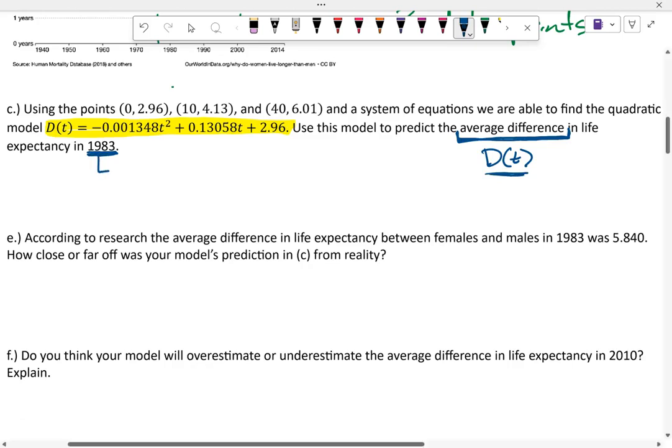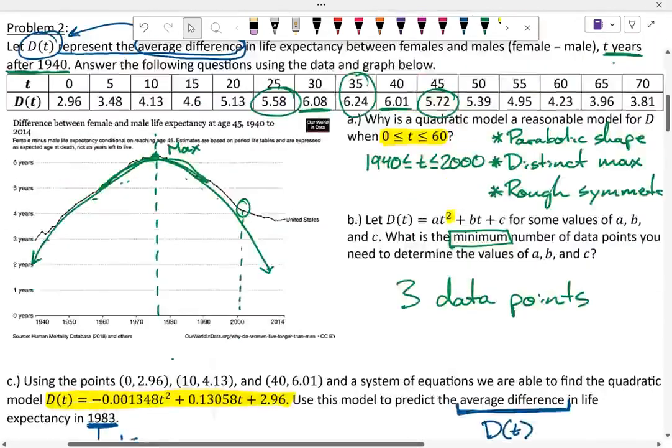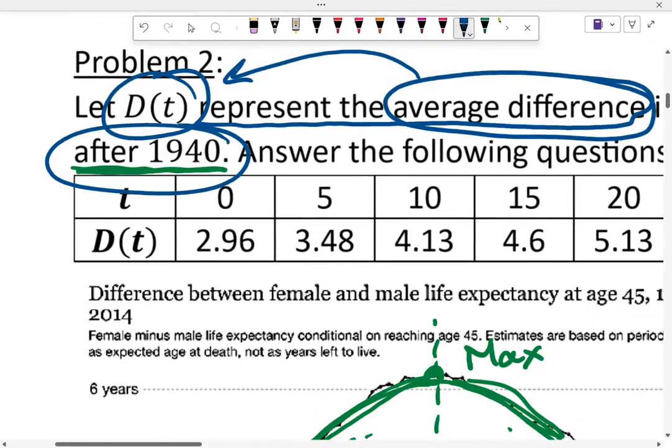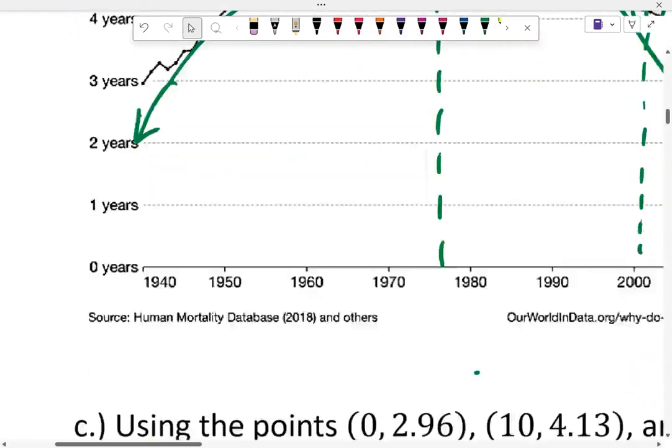What if I have 1983, what is my t? What was our t in? What was it? Number of years after what? So how many years does it take us to get to 1983? Makes sense, right? 1983 minus 1940, 43 years.